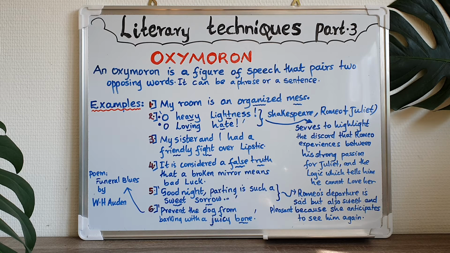Example 1. My room is an organized mess. Now, in that sentence, we have the words organized and mess paired together. The two words have completely opposite meanings, and yet they are paired together.